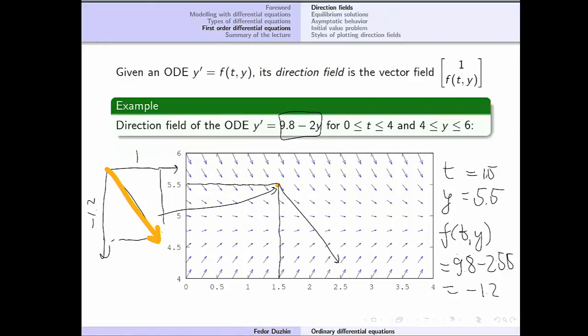So this vector that sits here is parallel to the vector with coordinates 1 and minus 1.2. Now, of course, you can do the same thing at every point of the plane. This is how you calculate the direction field.